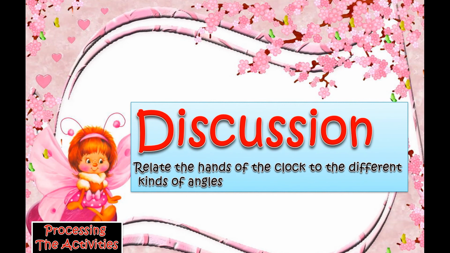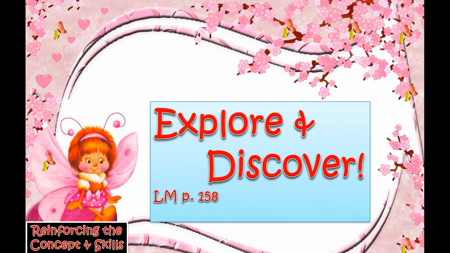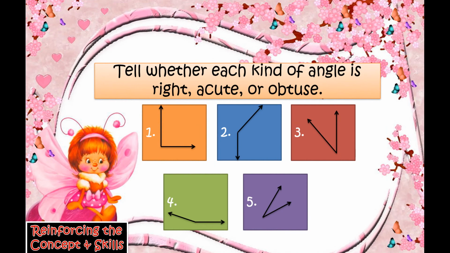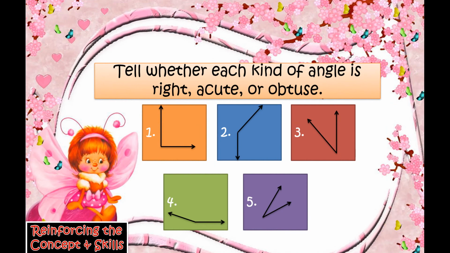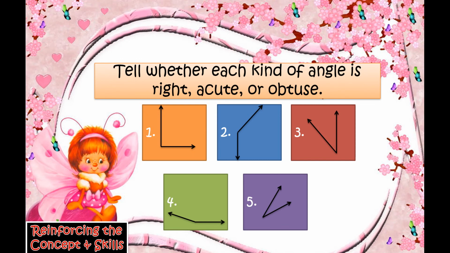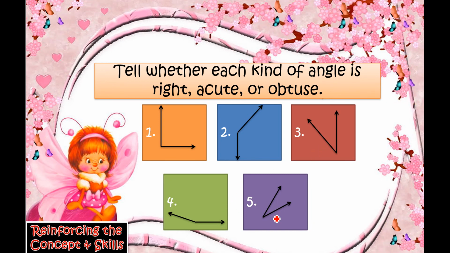So, let us relate our discussion earlier. Identify what kind of angle is reflected on the following images. For number 1, what is this? Number 2, number 3, number 4, and number 5.